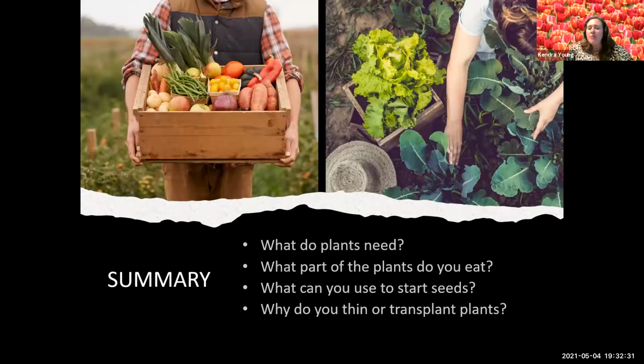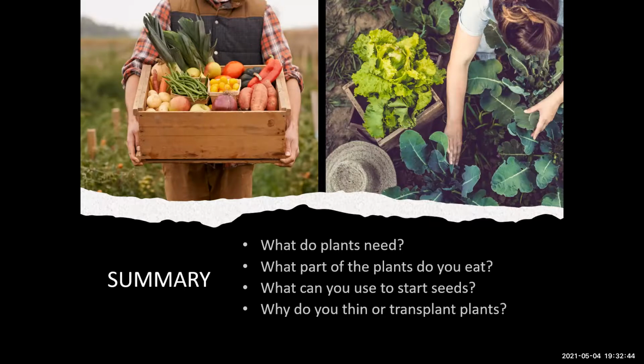So I'm going to summarize this. I want you all to tell me and unmute: what do plants need? Remember what we talked about. What things do plants need? Sunlight, water.